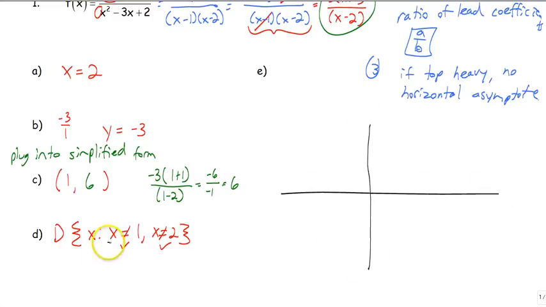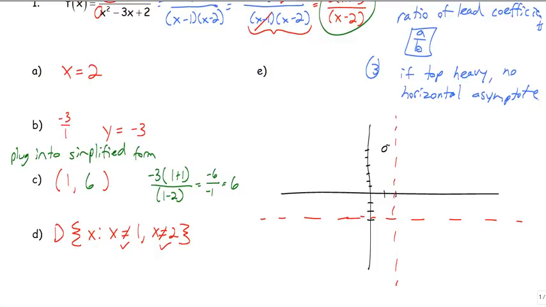We have a vertical asymptote at x equals 2, and a horizontal asymptote at y equals negative 3. So, here's the vertical asymptote. Here's the horizontal asymptote. We have a hole at 1, 6. So that's up here, somewhere right there. And that's about it.